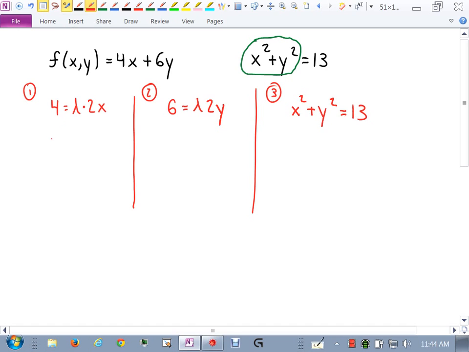I'm going to divide both sides by 2 for equation 1, and over here. Okay. Any ideas? Solve for x and, did you say x and lambda or x or lambda?